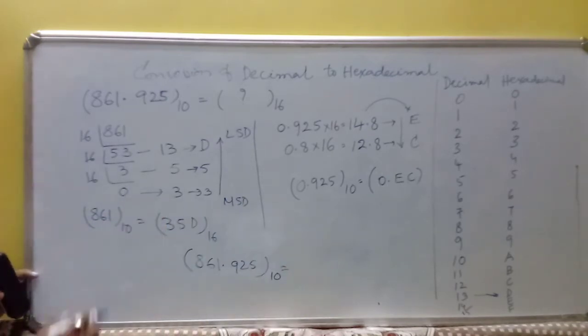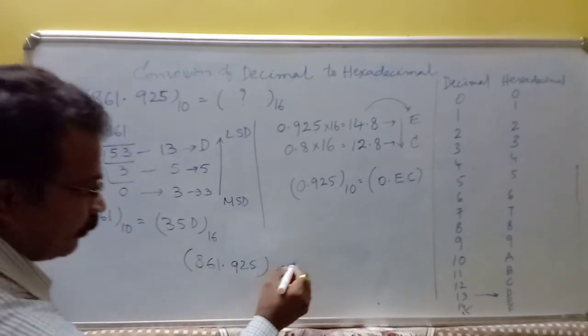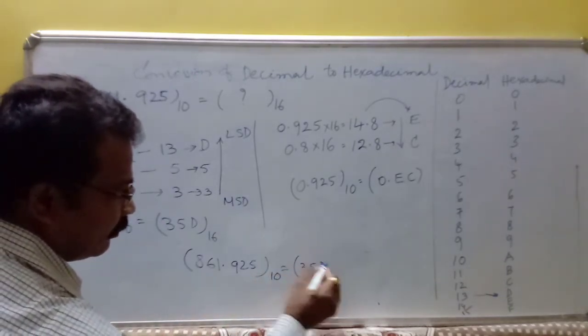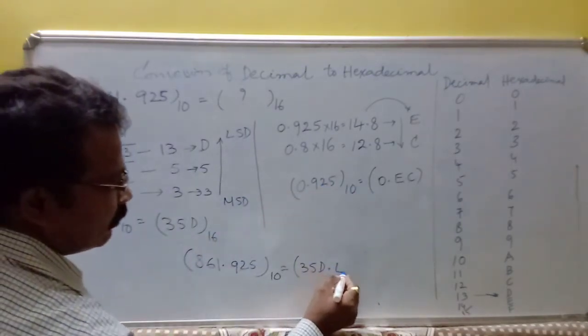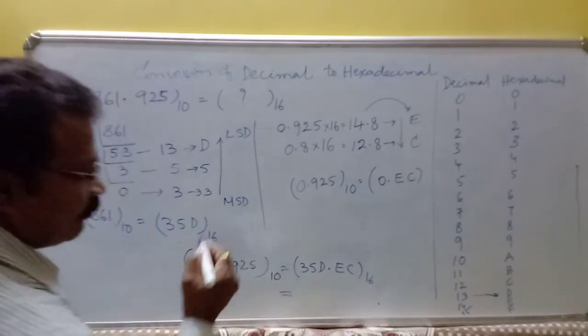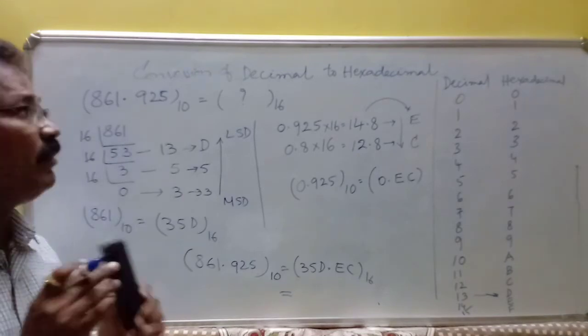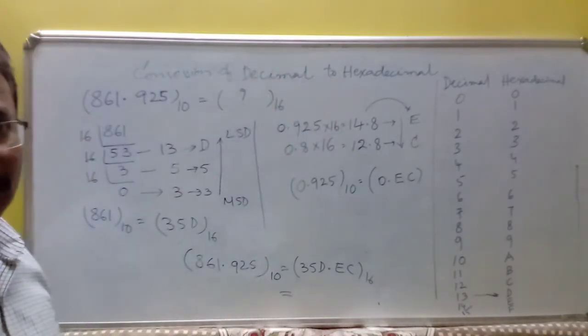That is equal to 861 is equal to 35D of base 16. 35D. 0.925 is equal to 0.EC. That is the conversion. That is the process of converting the given decimal number into hexadecimal number.